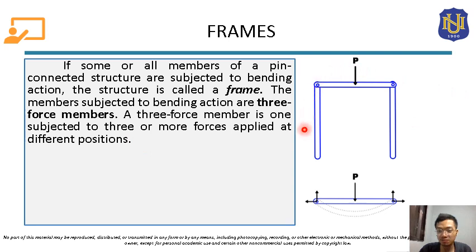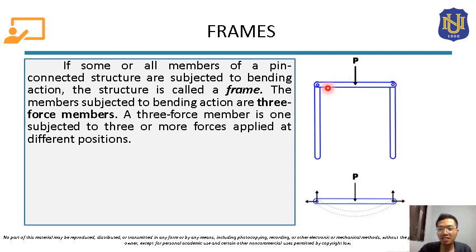So let's say for this frame, there is a member here wherein there is an applied load P, and this applied load P is applied within the span of this member. From that, we can already say that this is a frame, since the load is applied within the span of the member here.